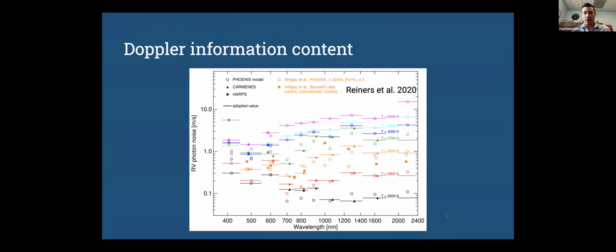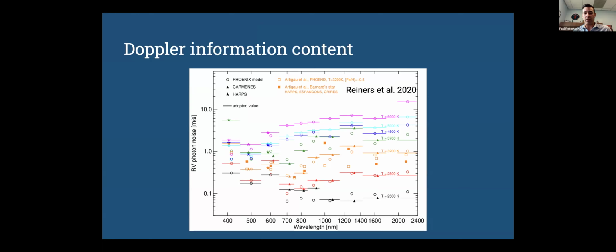I'll show here a plot estimating the Doppler information content of these M dwarf stars as a function of wavelength and temperature. The reason I'm showing this is to highlight that M dwarfs are information rich overall because they have so many lines.